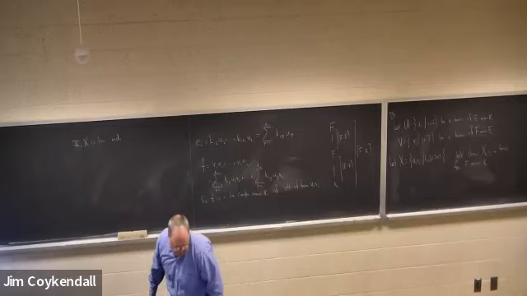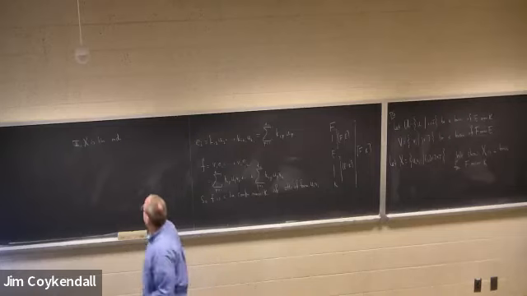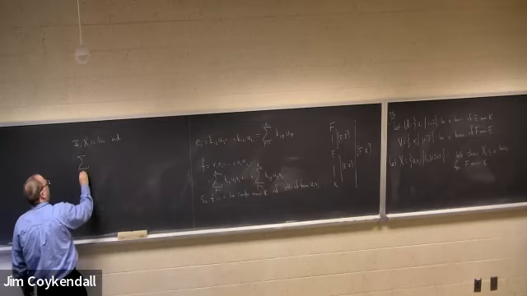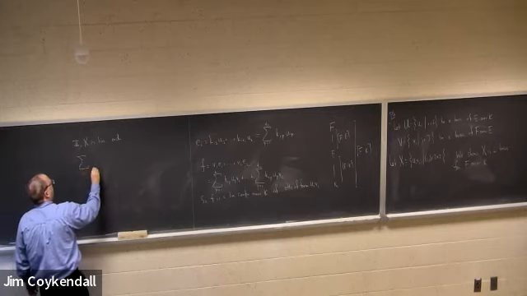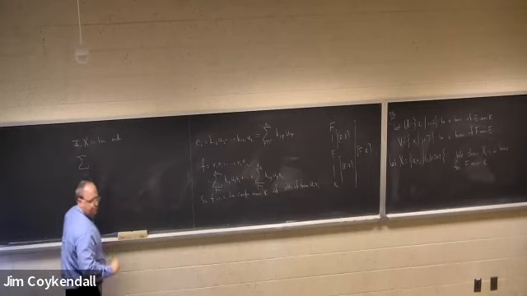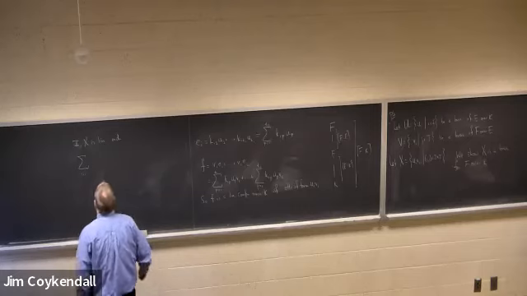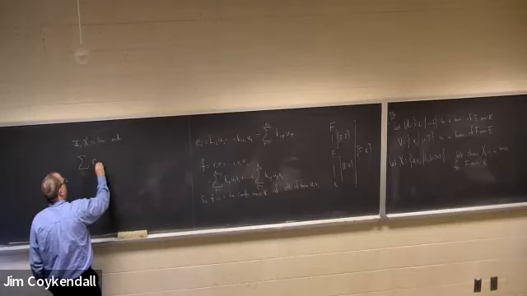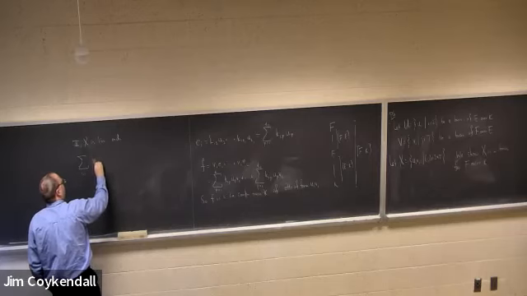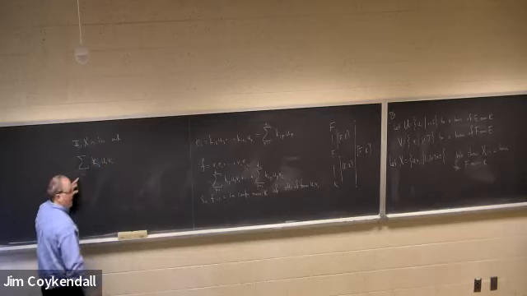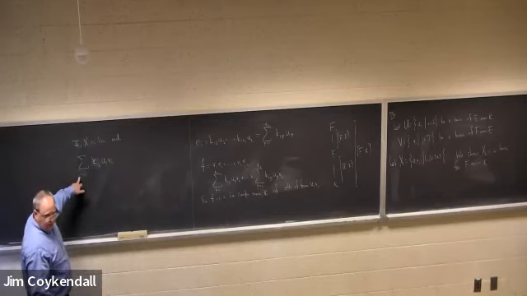So to do this, suppose we have the sum over ij of K I J U I V J. By the way, this is a finite sum, of course.